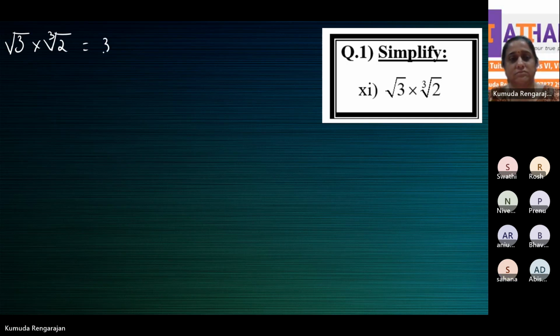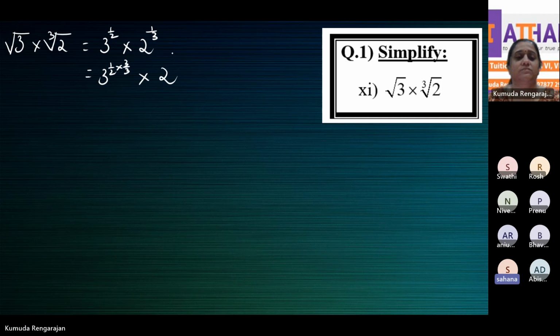Ma'am, 3 power 1 by 2 into 2 power 1 by 3. Very good. 3 power 1 by 2 into 3 by 3, 2 power 1 by 3 into 2 by 2. Very good. Next step. 3 power 3 by 6, 2 power 2 by 6.